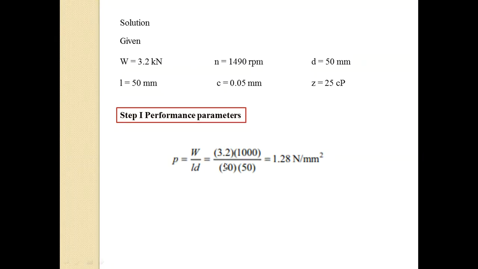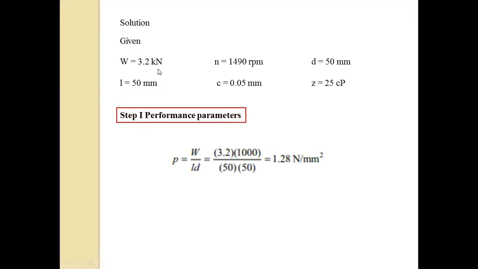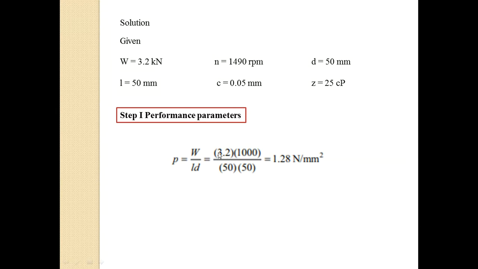W is 3.2 into 10 raised to 3, converted from kilonewton into Newton, divided by L, which is 50, and D, which is 50. That means 3.2 into 1000 divided by 50 into 50. After calculating this term, we got P is equal to 1.28 Newton per mm square.